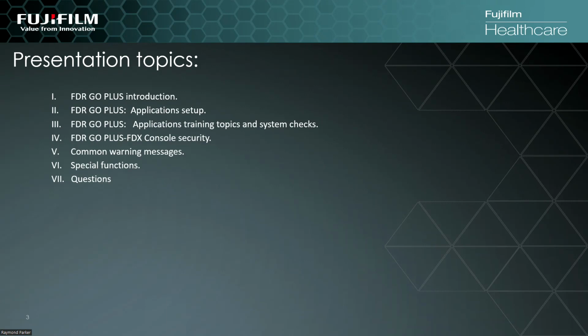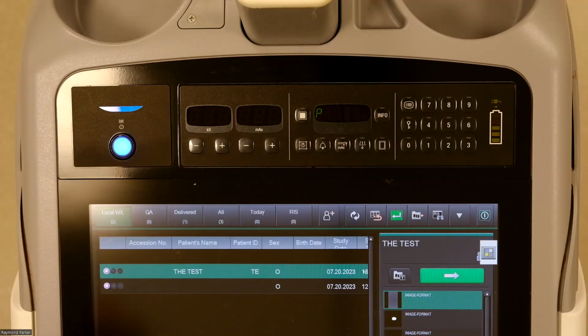We're going to start off with the user settings area of the FDR Go Plus portable. Most of you, I'm sure, have worked on or seen an FDR Go Plus.